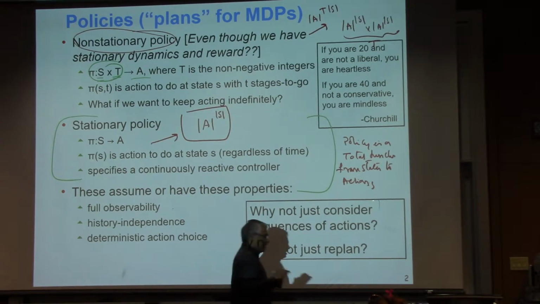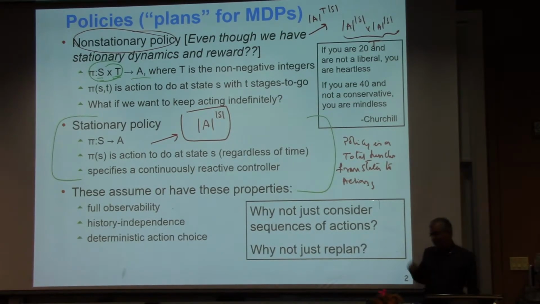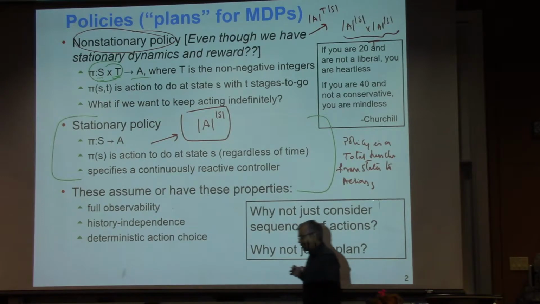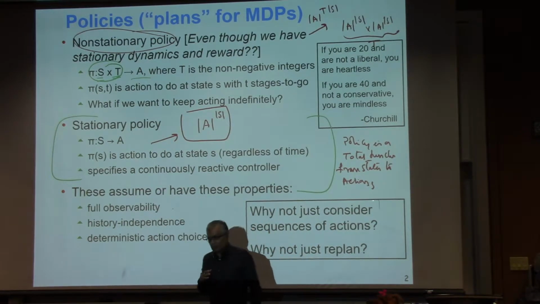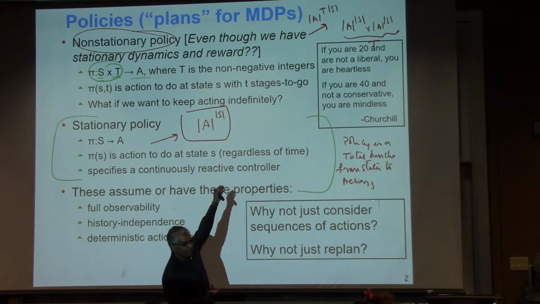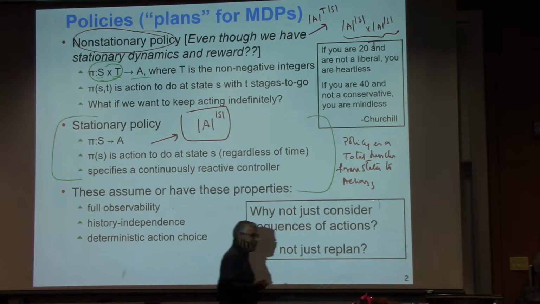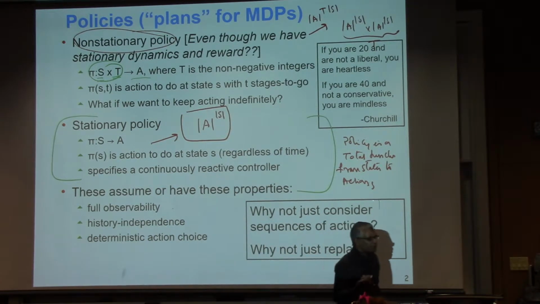Okay? So think about the following thing. We came to MDPs from game trees, remember? And then we tried to do online search during game trees. Now if you did online search, would we have computed the full policy?